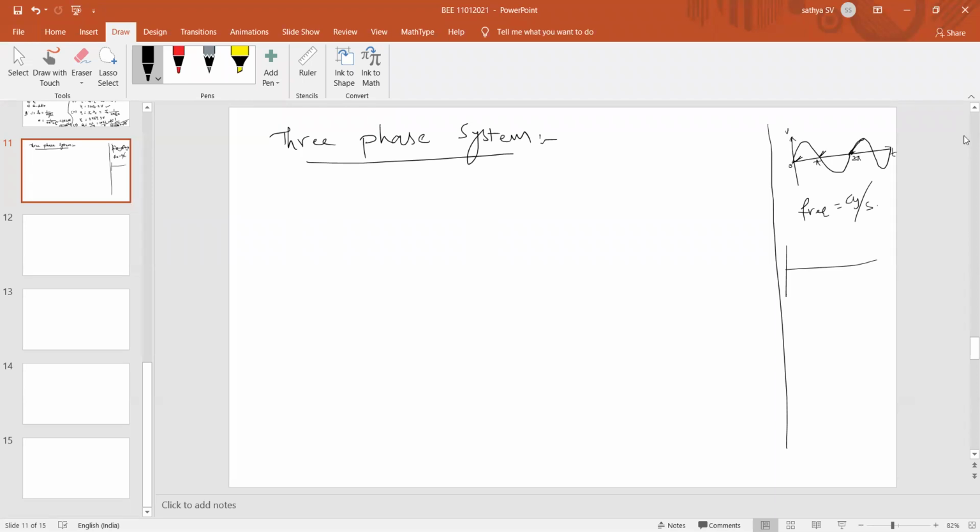With the two-phase system, the power generated by the same machine increased by 41 percent. Then they went for the three-phase system with the same source, increasing the number of phases, and concluded that the power increment goes up to 50%.